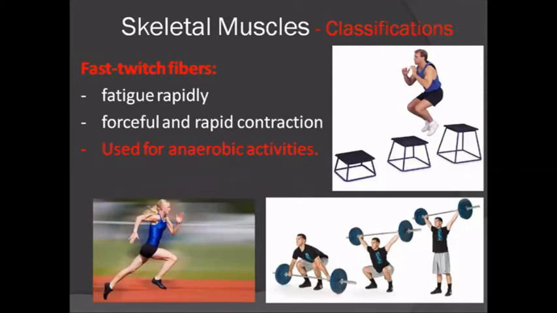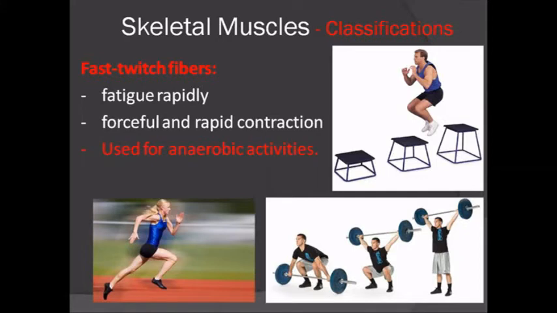Second, we have the fast twitch fibers, the opposite of the first one. They fatigue rapidly, and they are forceful and rapid contraction. It is used for anaerobic activities such as sprint, weightlifting, and high intensity training.